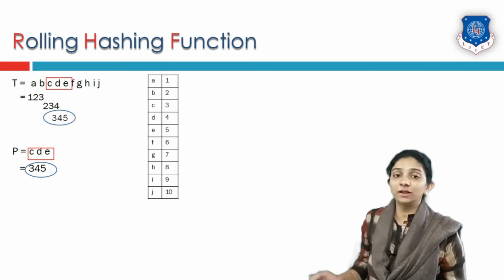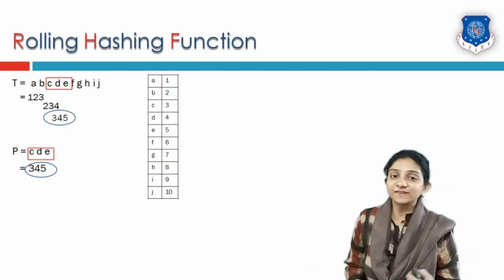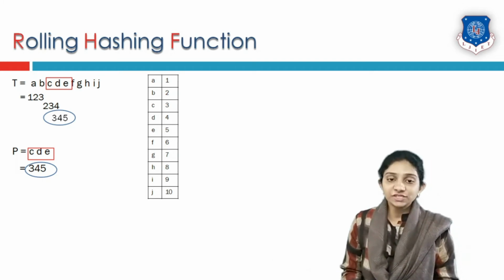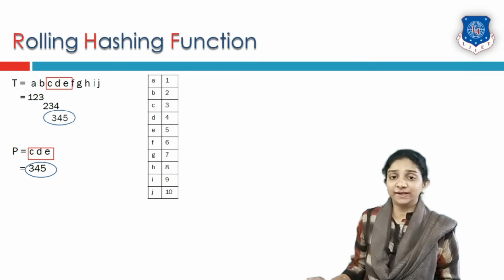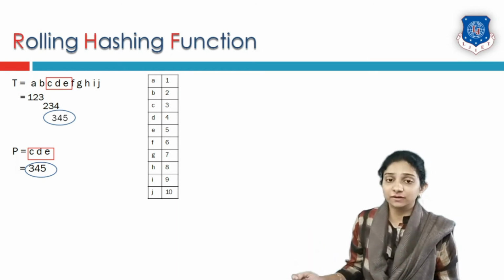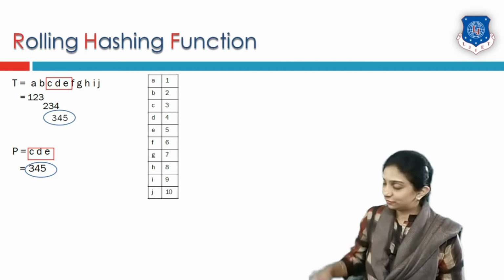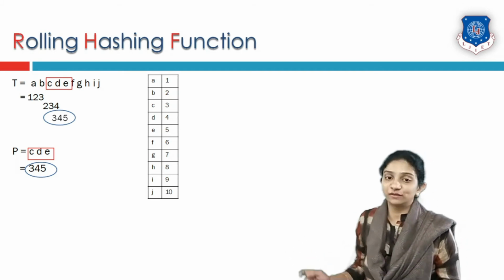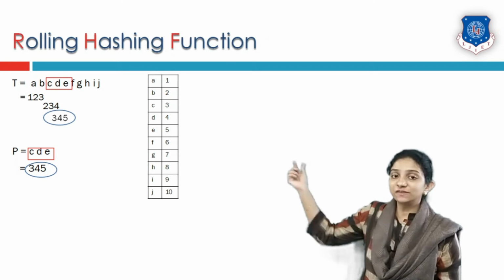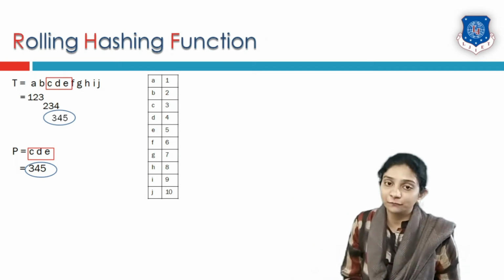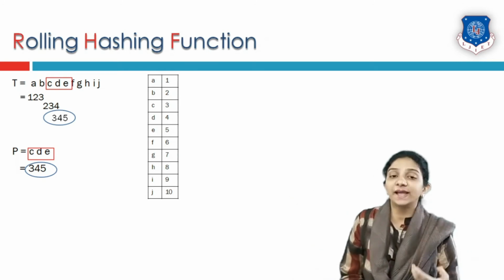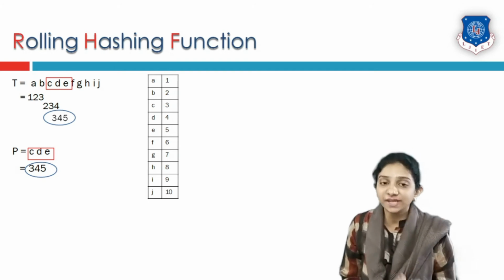Once the numerical codes match, our next task is to match the characters of the pattern with the text characters one by one using the Naive method. So we start comparing characters of the pattern, that is C, which is compared with the first character of the window, that is also C. If characters match, then we match the next character.